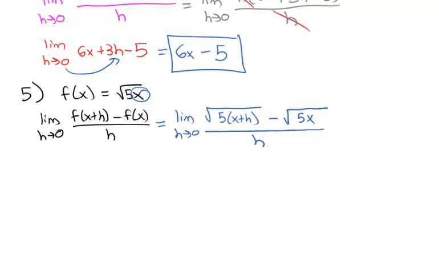What are we going to do here? Well, let's do the easy thing first. Let's distribute the 5 into those parentheses. So we have the limit as h goes to 0 of the square root of 5x plus 5h minus the square root of 5x all over h.